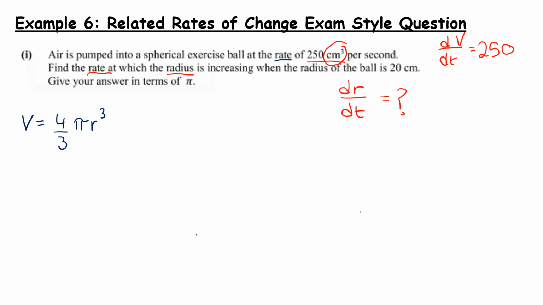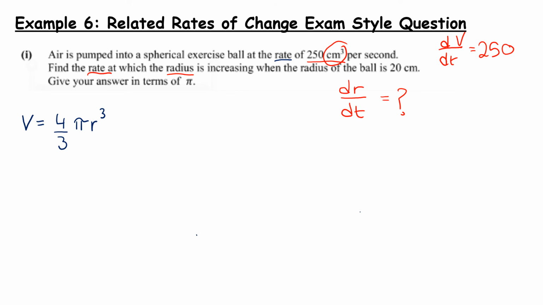How did I know that I wanted the volume formula? Well, we have two variables given here, dV dt, so we have V, and then dr dt, so we have r. There is no formula for a radius, but there is a formula for the volume of a spherical exercise ball, i.e. a sphere. When we take that volume, we look at it and say, well, I can't work out dV dt because there's no t in it.